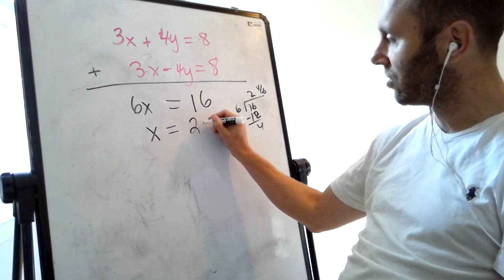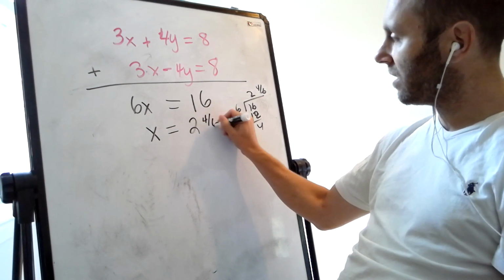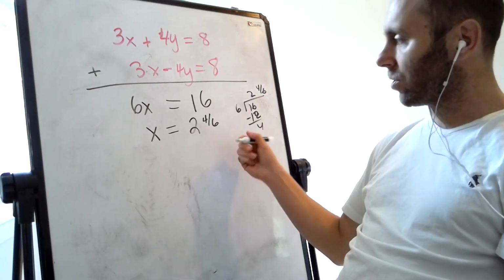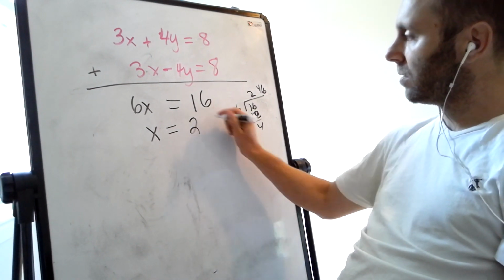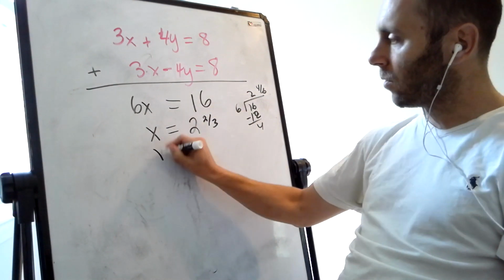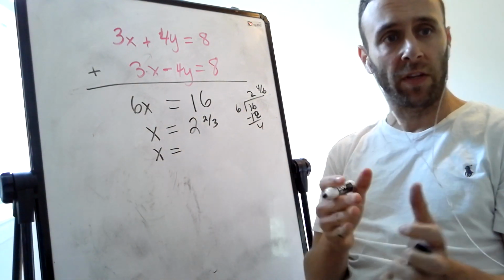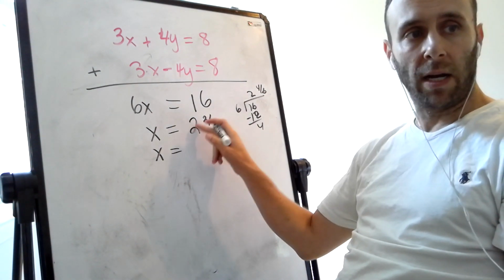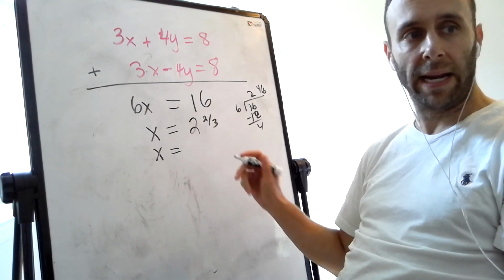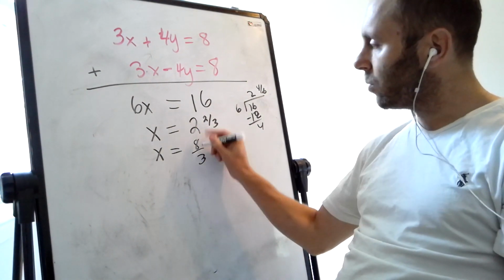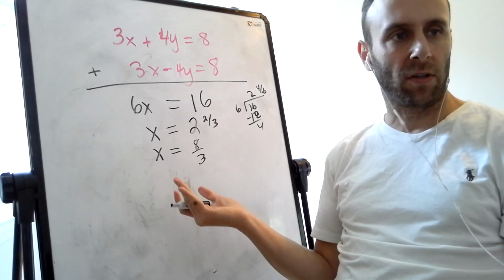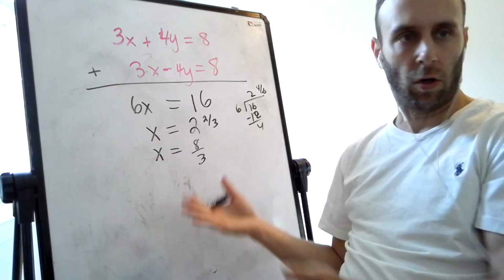It actually was x is 2 and 4/6. You could also reduce that to 2 2/3. I'd rather you write this as an improper fraction so that it'll help you solve the other one better. When you do 3 times 2 plus 2, you get 8/3. So 2 2/3 and 8/3, same answer. 16/6. It's all the same.